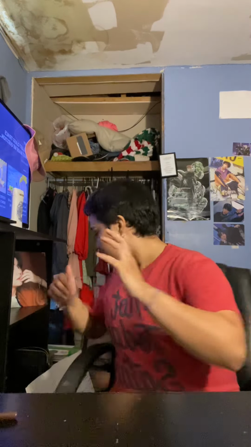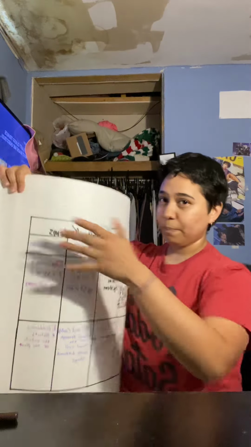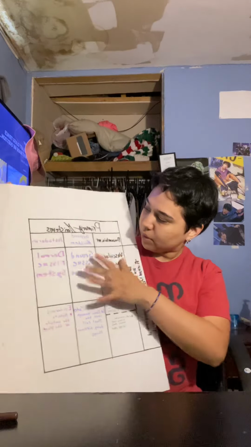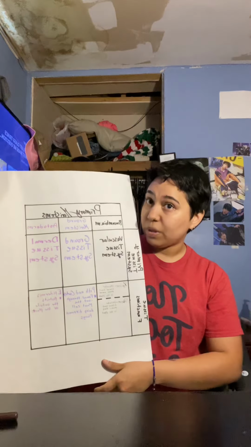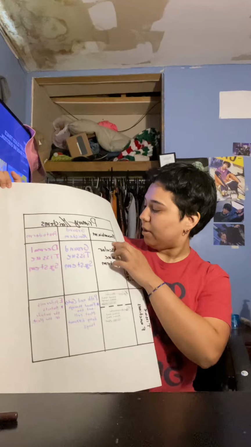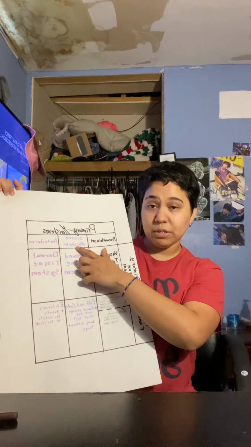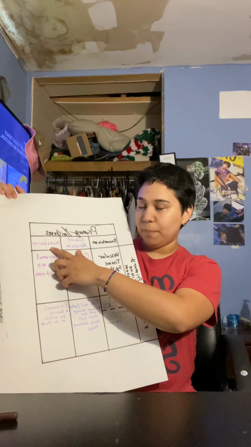And for the last question, I have my diagram. Here's the table that we were told to make with the 3 different types of primary meristems: the procambium, the ground meristem, and the protoderm.